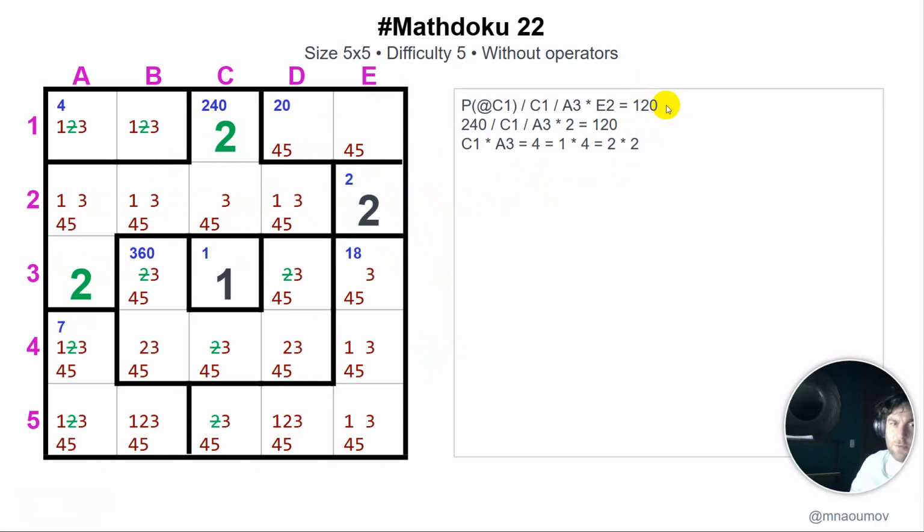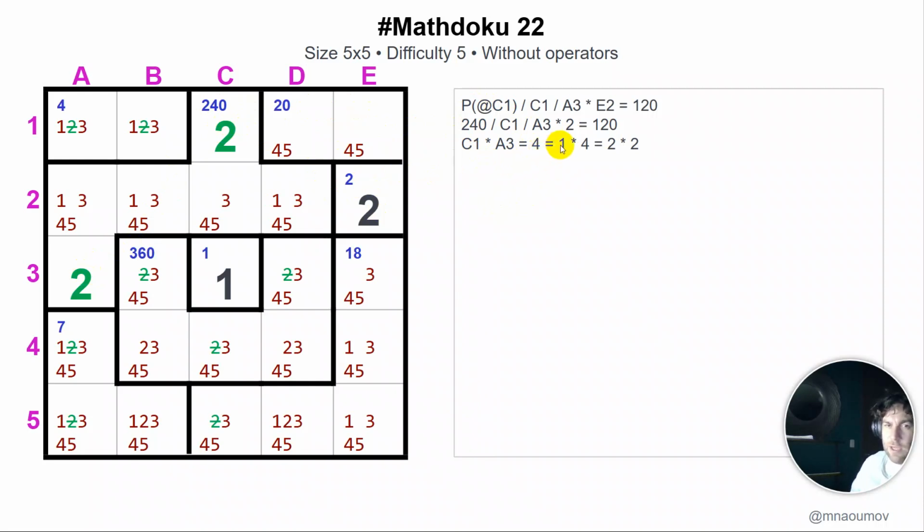Each row and column of size 5 gives a product of 120. As we know, the product is 240, and we know this is 2. It gets us to the conclusion that this cell multiplied by this is 4.